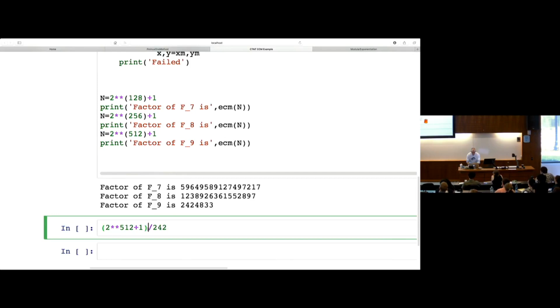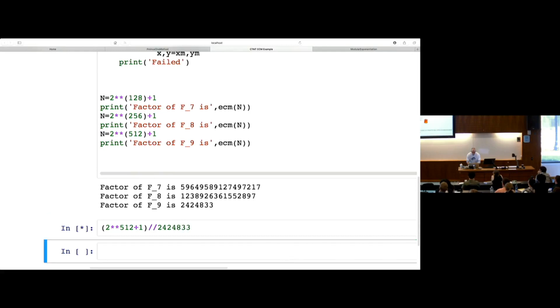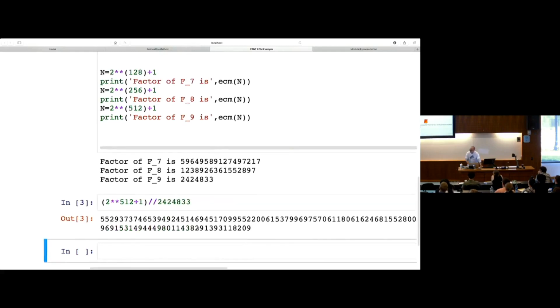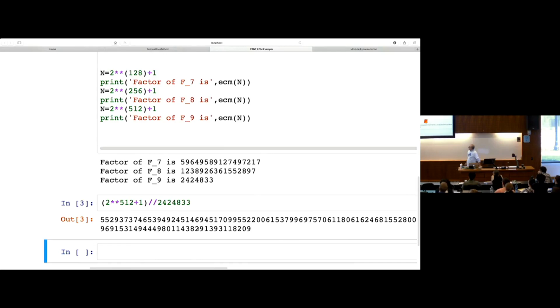I better use 2 slashes. It's still a pretty sizable number, and if you put this into the elliptic curve method, it's not going to have any luck because these prime factors are quite large.